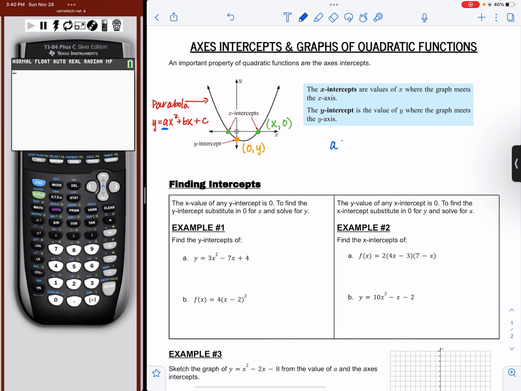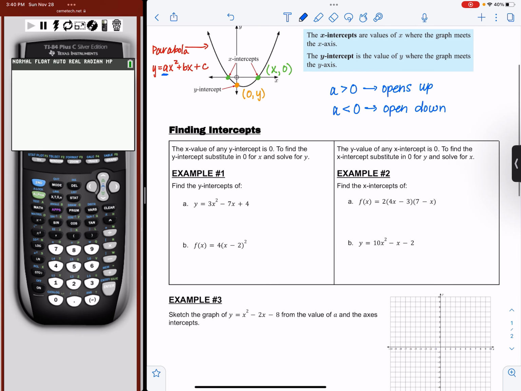When a is greater than 0, the parabola opens up. If a is less than 0, the parabola opens down. So basically, if a is positive, it opens up. If a is negative, it opens downward.